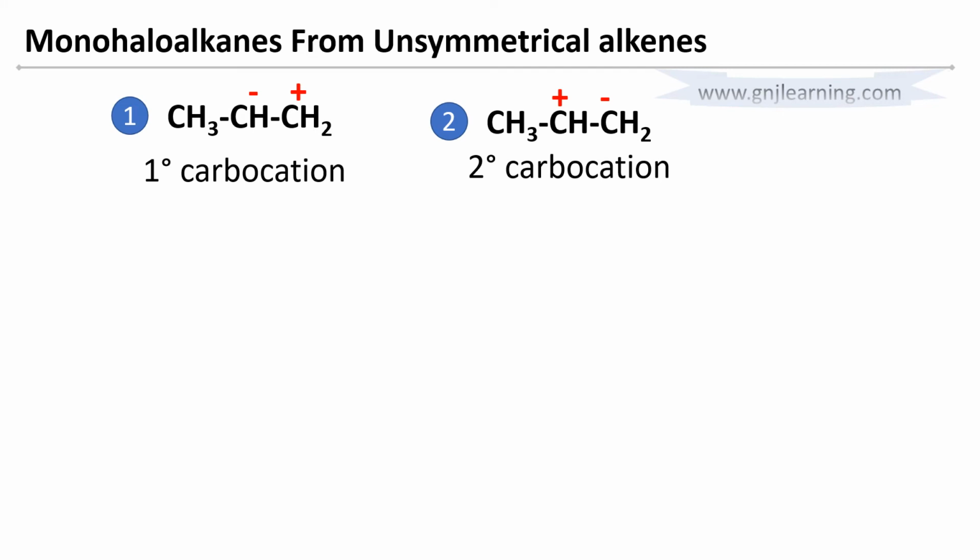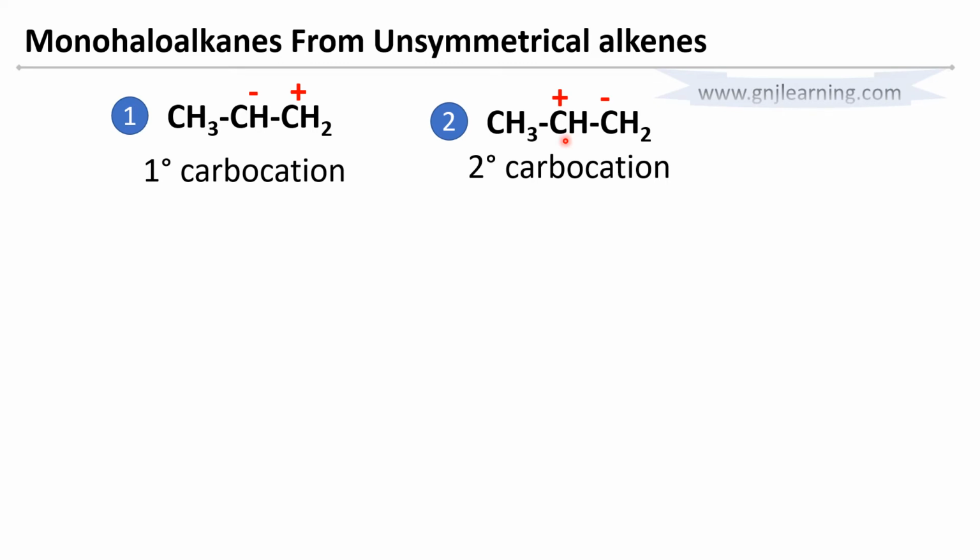So as I said in the previous slide, we have primary carbocation and secondary carbocation, and both will be formed in the solution. If you look into the solution, both will be there. But the secondary carbocation, being more stable, will give the major product.